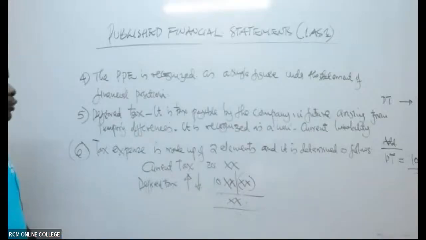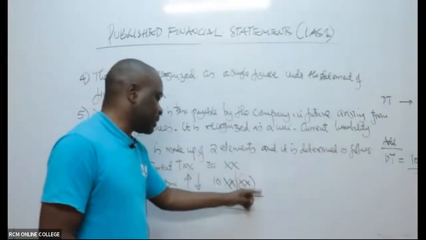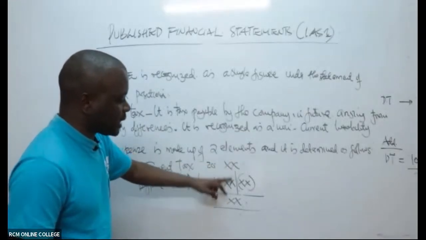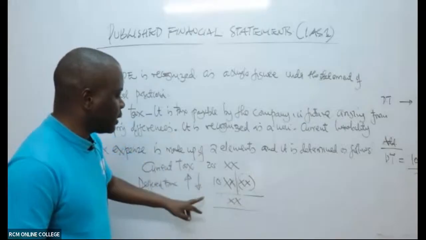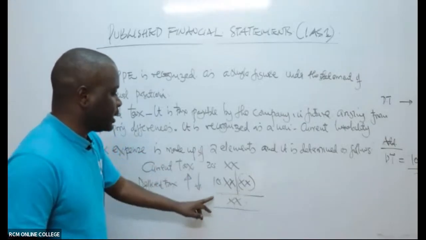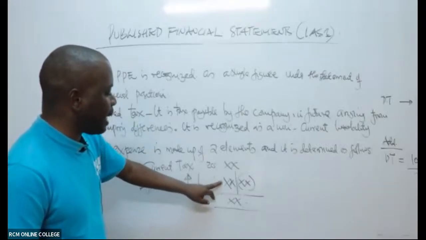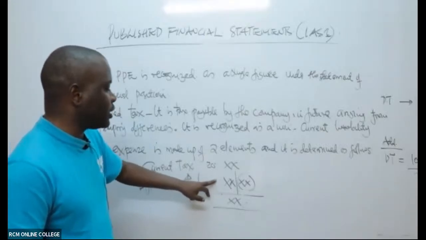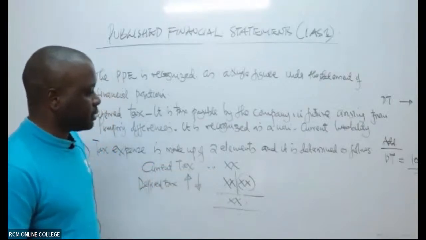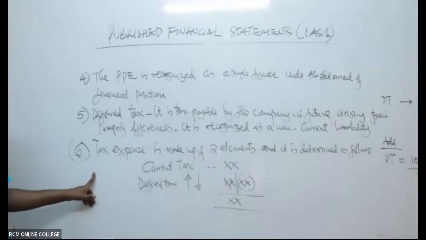So in this case, you'll less from the tax expense. It'll reduce the tax expense for the year. So if there's a decline during the year in terms of deferred tax, you less. If there's an increase, it means the company is incurring more deferred tax expense, so you increase because it will increase the tax expense. So that's basically how you determine the tax expense.